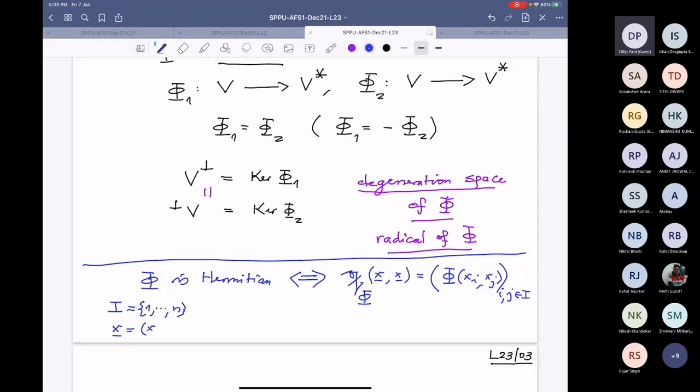This Gram matrix is Hermitian. And similarly for skew Hermitian.